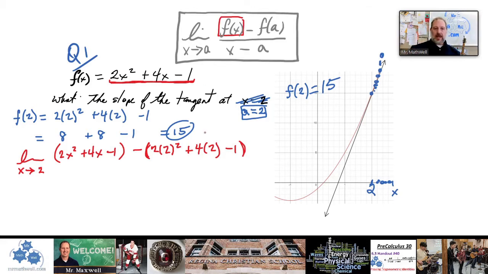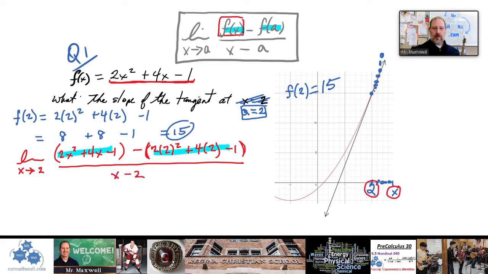And f of a would be our target number, which is a is 2, inputted into the equation. F of x, right here, minus f of a. See that? All right, now divided by, what is it? x minus a. So that's x minus 2.